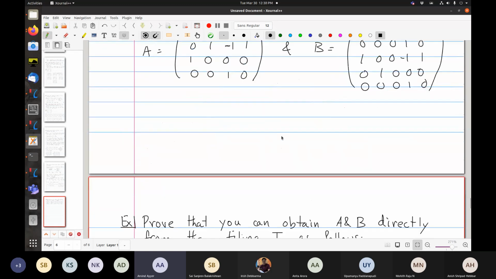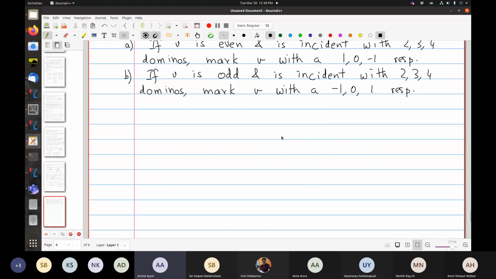So now to the converse. Given ASMs A and B, construct A prime and B prime.